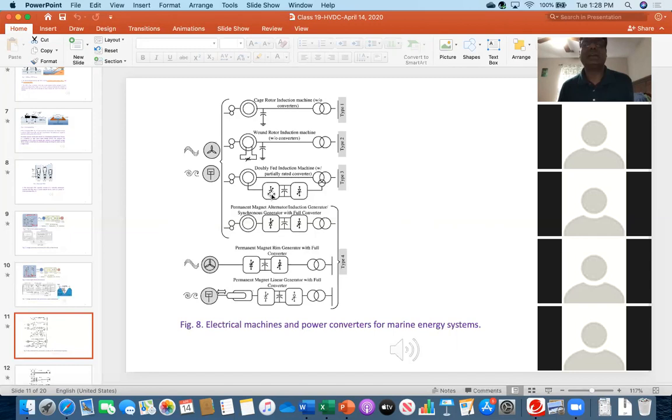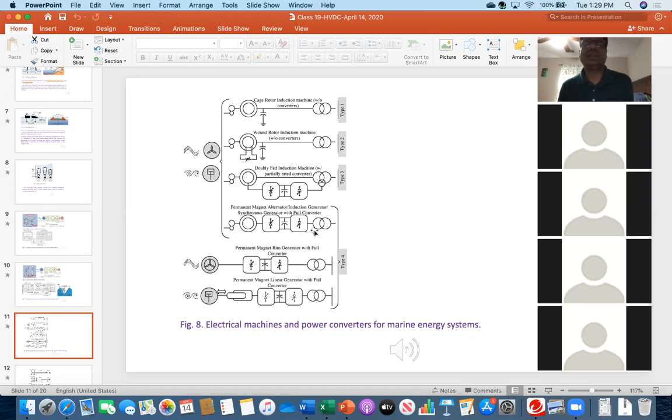And then this is type 4, the permanent magnet type. Depending on the technology, whether there is a gearbox or not, or how it is structured, they can vary, but with a full rated converter.